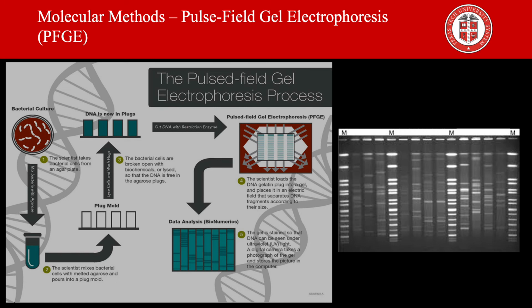In this slide, you can see on the picture on the left the process of the pulsed field gel electrophoresis, from your bacterial culture up to the final result. On the picture on the right, that's how it should look in real life, the results from this method.